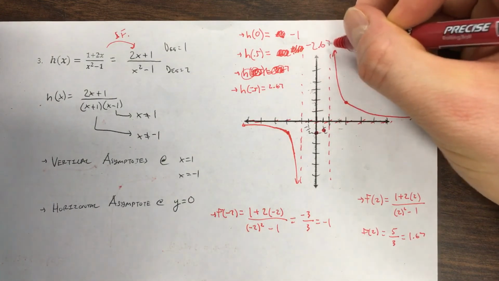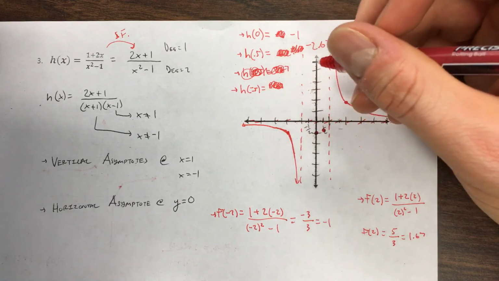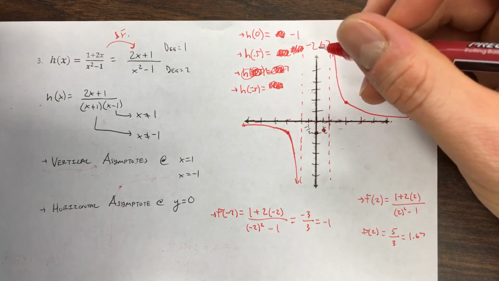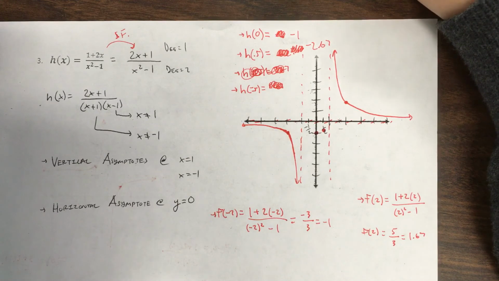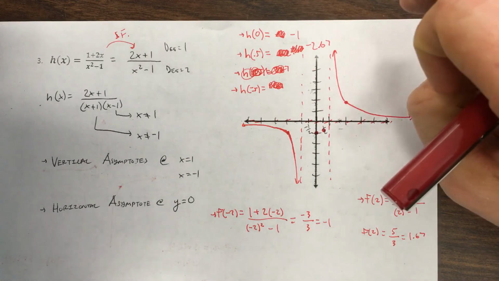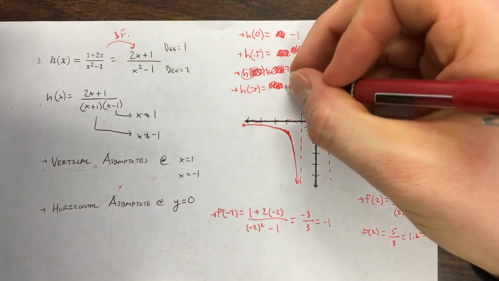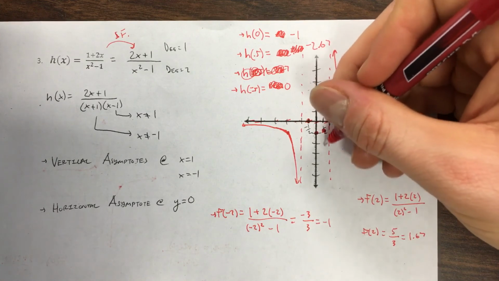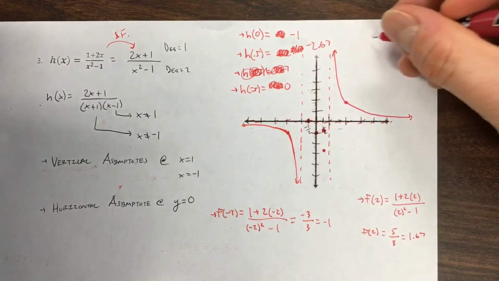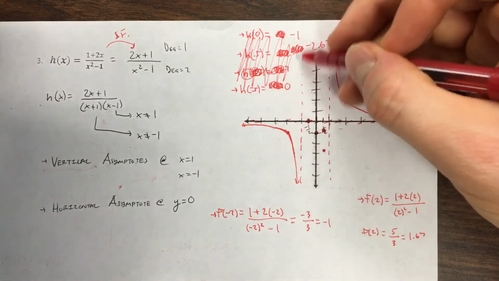This should be negative 2.67, the negative 0.5, my apologies. The negative 0.5 should be 0, or pretty close to it. Yep, 0. So essentially what's happening here, h of 0 is equal to negative 1. Ignore all this. Man, that's a mess, isn't it?